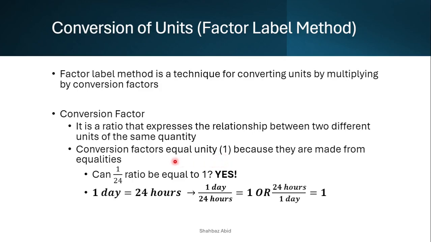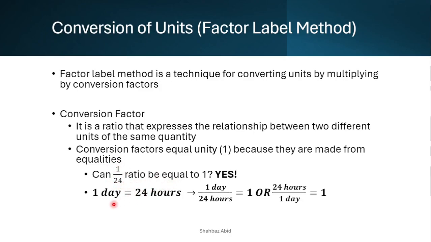Now my question is, can a 1/24 ratio be equal to 1 numerically? You will say that it is not equal to 1, and it is actually not, because 1/24 is not equal to 1 mathematically if I just mention it as a number.